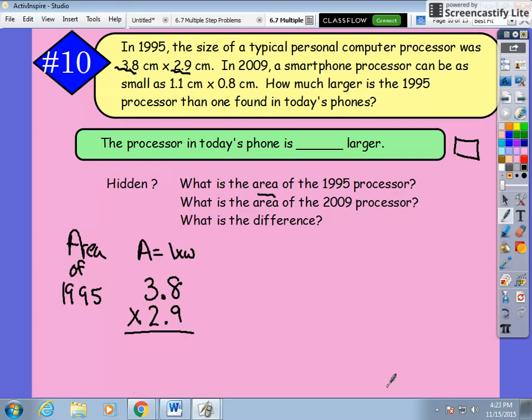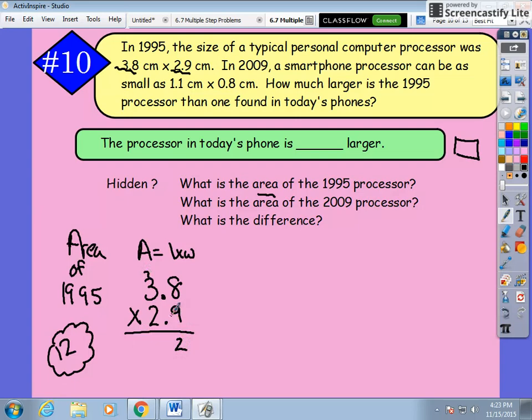Remember, we're going to multiply this 2-digit by 2-digit as if it were whole numbers, and we will look at the end and decide where to place our decimal point. If I were to estimate here, I would say that this is about 4 and this is about 3. I'm going to get an answer that's about 12. So let's go through and let's multiply.